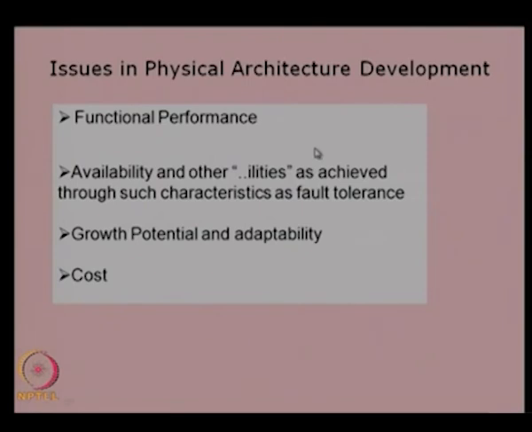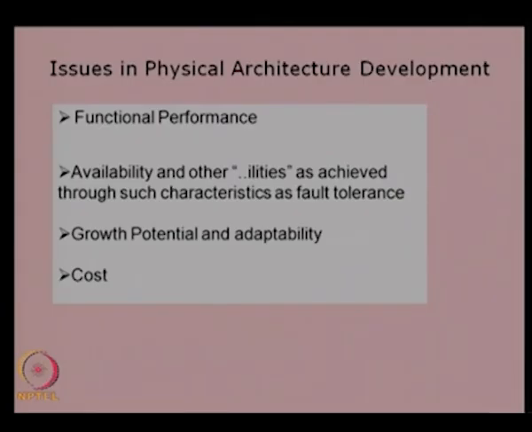And when we develop this architecture, there are different issues to be taken care of, basically the functional performance. We make sure that in the physical architecture we do a proper mapping of the components to the functions. The functional performance needs to be taken care of, and we identify the required functions and the components needed for them.